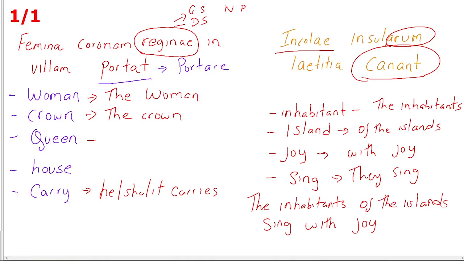Obviously nominative is eliminated because it is not the subject. So either it can mean of. Is it singular? Yes, of the queen. Or we can also say for the queen. Both are accepted.